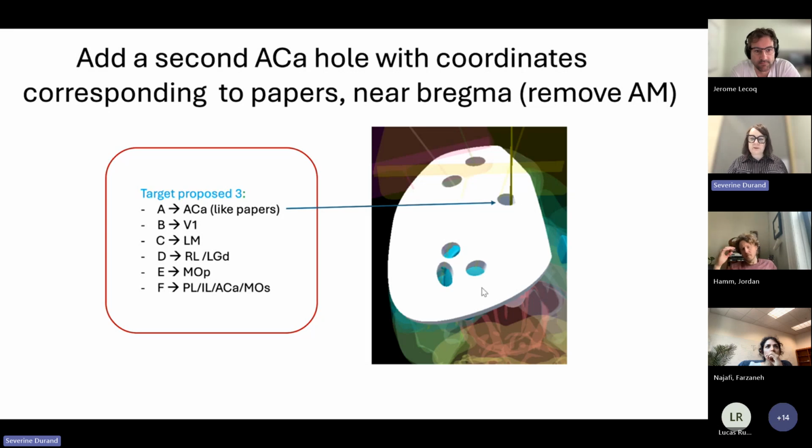With B, we would have V1. With C, we would have LM. D would go in RL, and D with RL goes through GLGN also. E would be in MOP here. And then we would have the frontal hole where we have a lot of frontal areas.